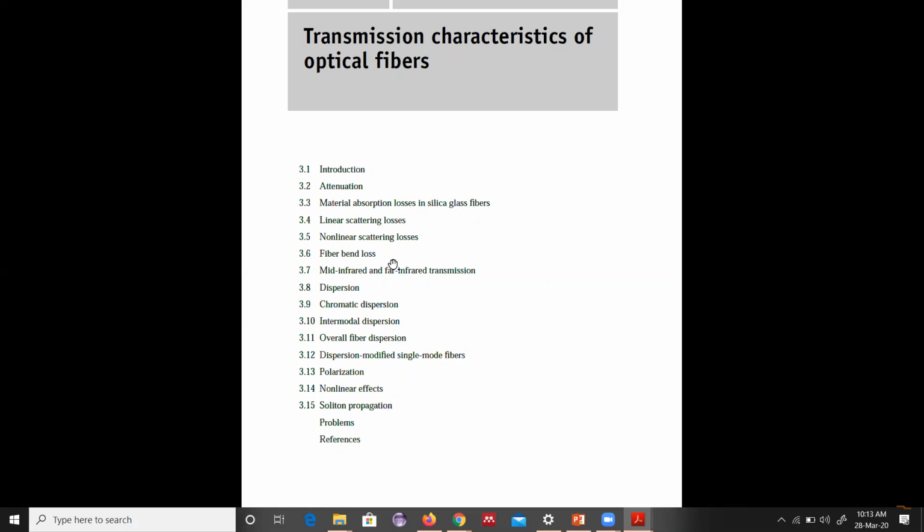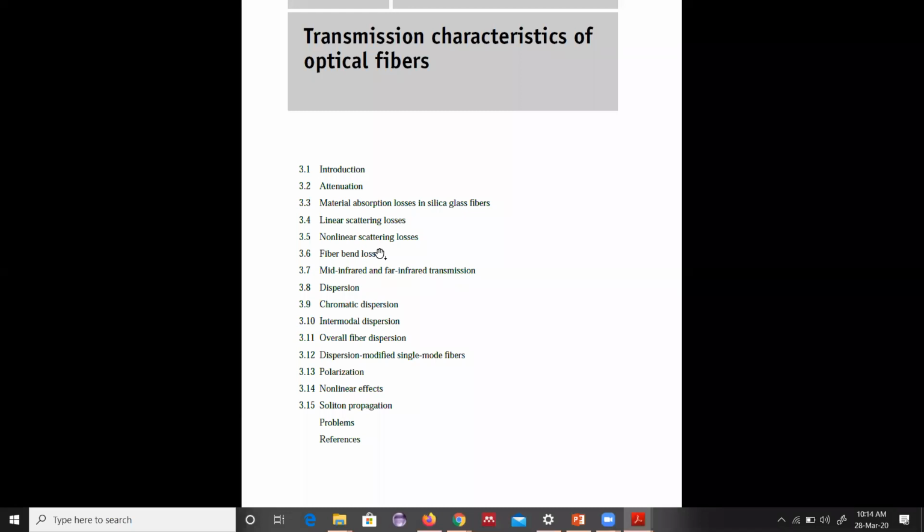And micro bending is during the manufacturing process. If the core or the cladding structure is micro bent, that itself results in deviation or attenuation of the signal throughout the length of the fiber. So that's about fiber bending loss. Overall attenuation is because of material absorption, scattering, and bending loss. All these three contribute to the overall attenuation of optical fibers.